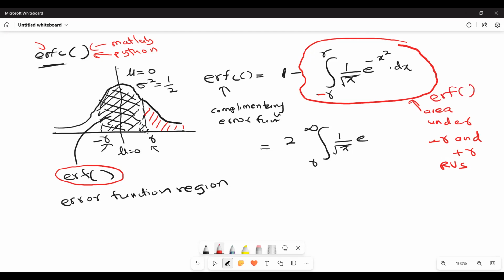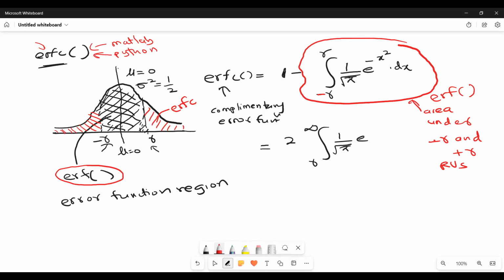The ERFC function, with the C, is 1 minus that ERF function. So 1 minus the ERF function means ERFC gives the area under the curve that is apart from the area in between these two values.